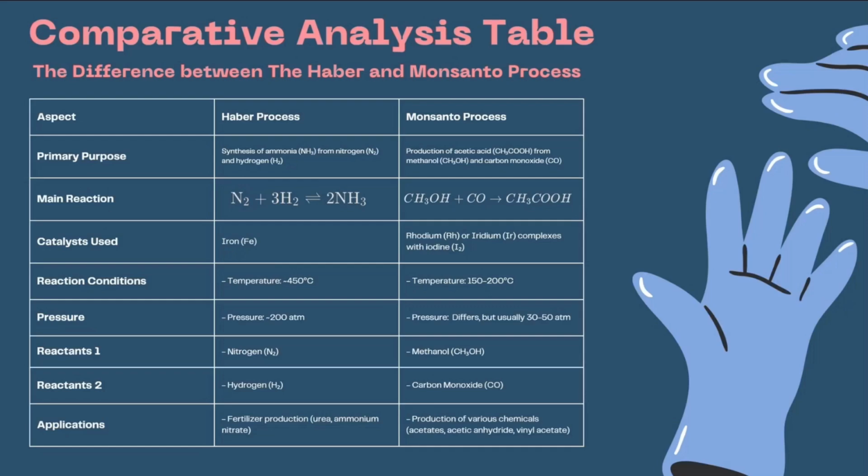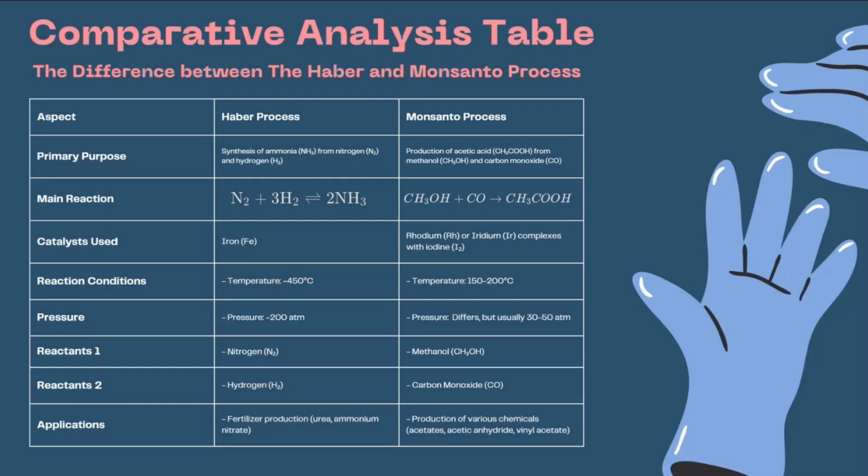The Haber process uses nitrogen and hydrogen, making ammonia, whereas the Monsanto process uses methanol and carbon monoxide to produce acetic acid. The catalyst used is also vastly different, with the Haber process using iron as a catalyst, whereas the Monsanto process uses rhodium or iridium complexes with iodine as a catalyst.